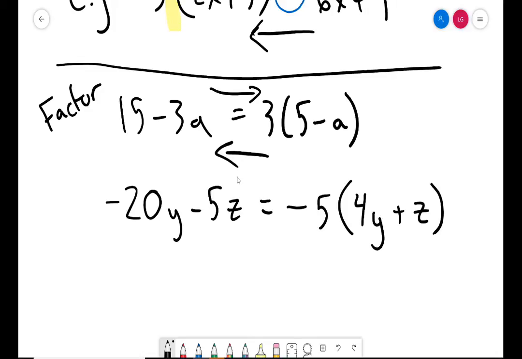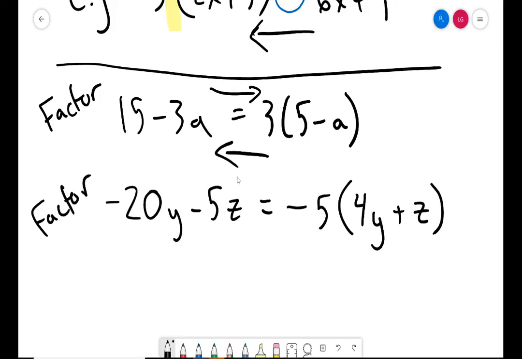Negative 20y minus 5z is equal to negative 5 times 4y plus z. I think we did a decent job in the previous videos of establishing why we simplify, why it maybe is useful to simplify.